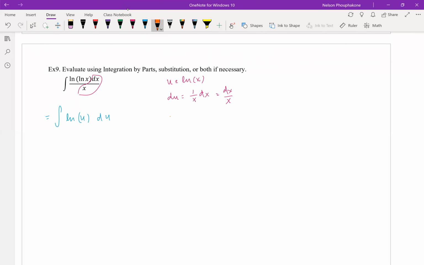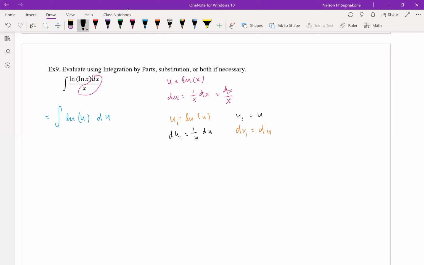So we will let u sub 1 is equal to natural log of u, and then dv sub 1 is du. Then I will have v sub 1 is equal to u, and du sub 1 is 1 over u du.